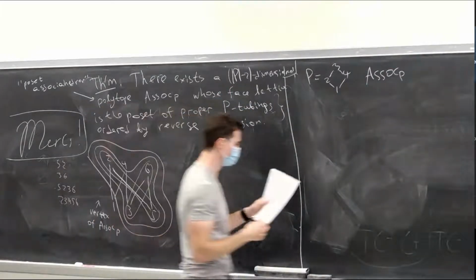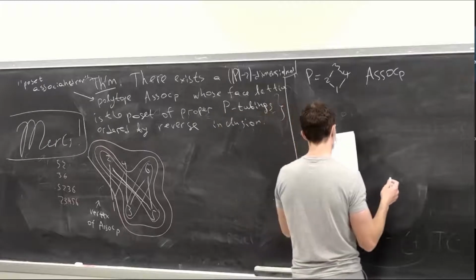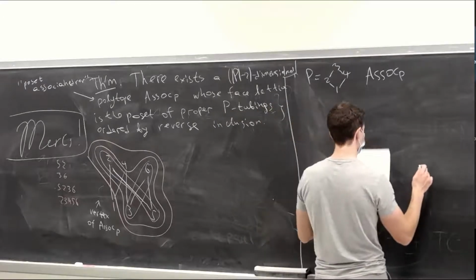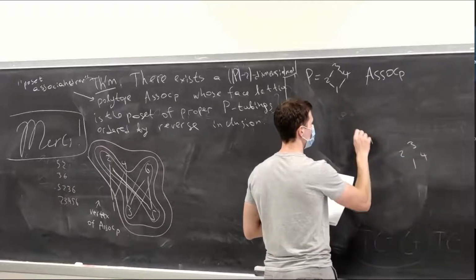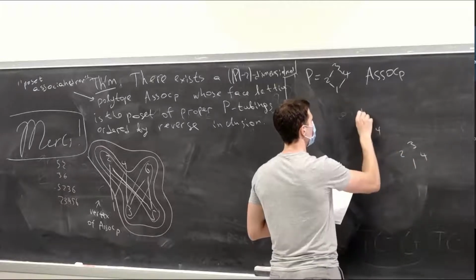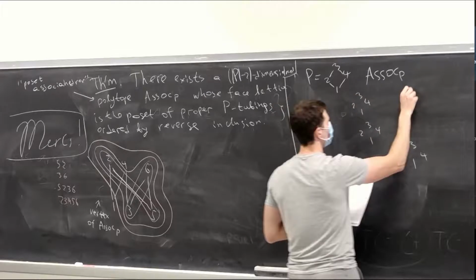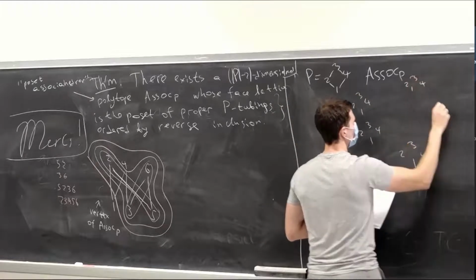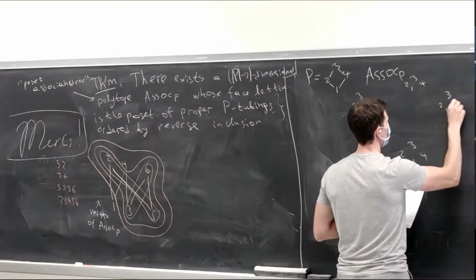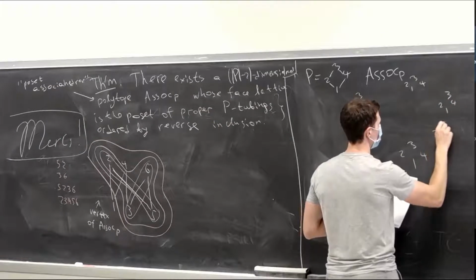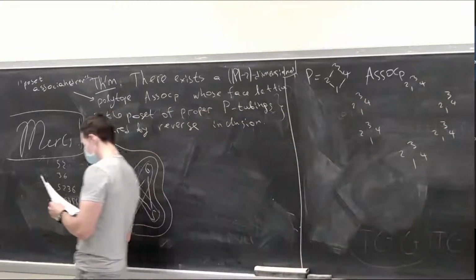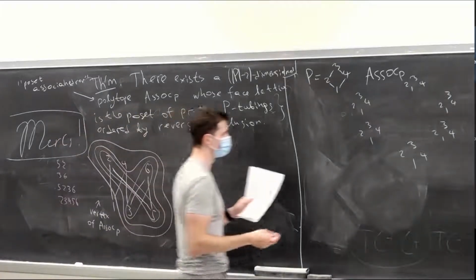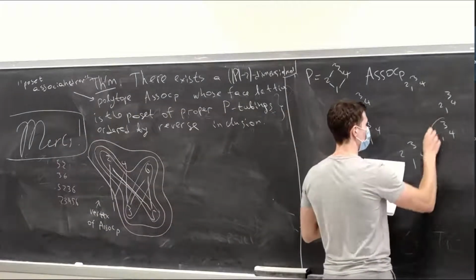And then it's going to be a hexagon. So let me start. Maybe this is 2, 3, and 1, 4.